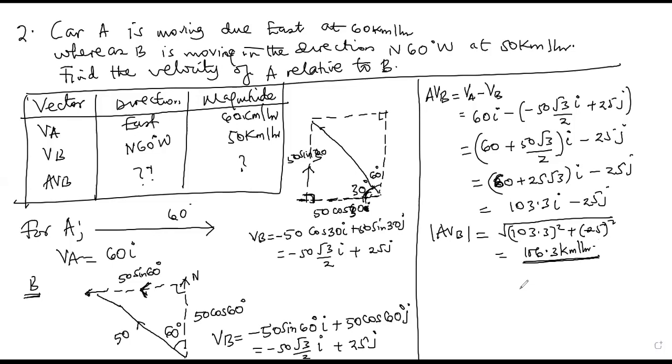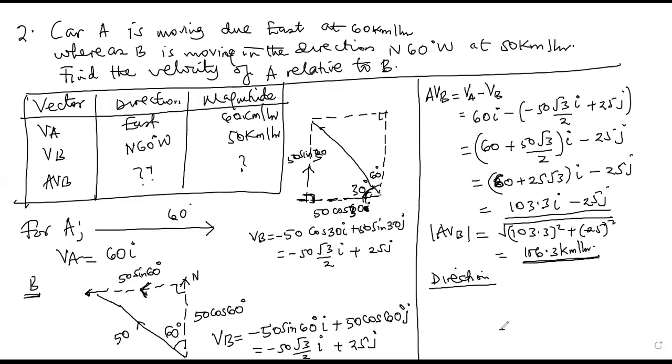Okay. So having gotten that, you need to go ahead and look for the direction. To get the direction, you have to sketch this component. So to get the direction here, you would have 103.3i, which is positive.